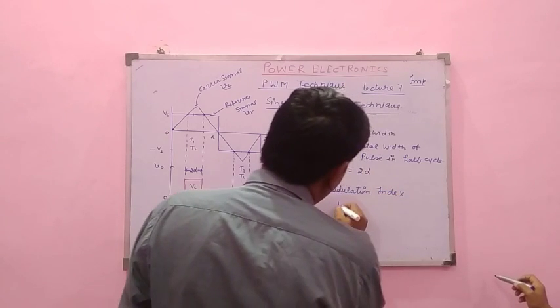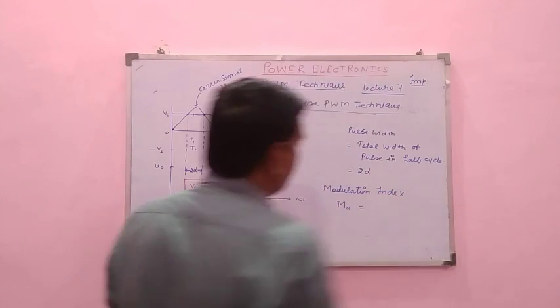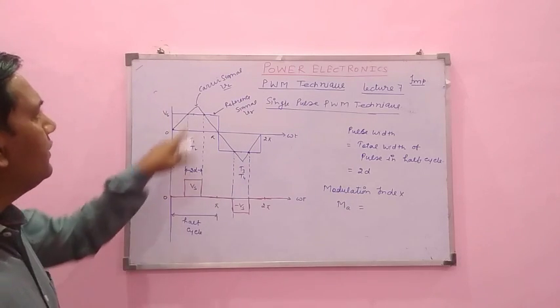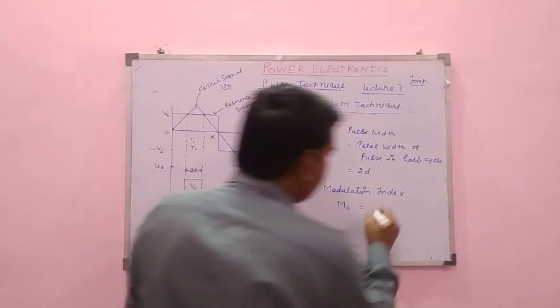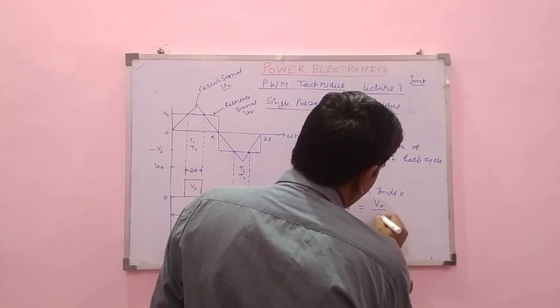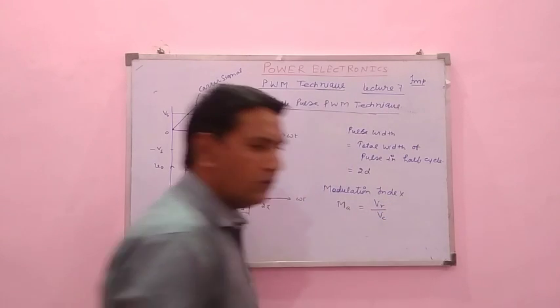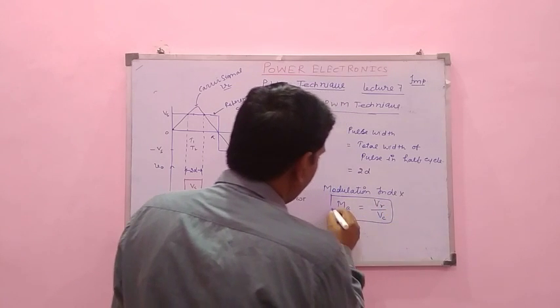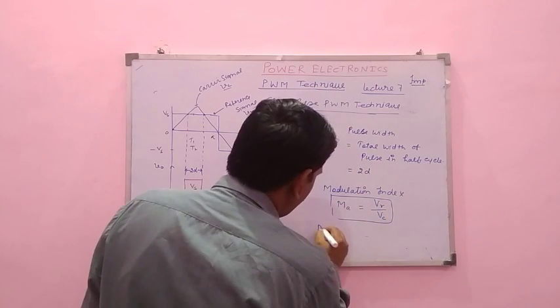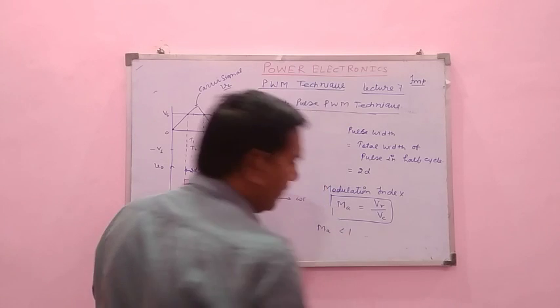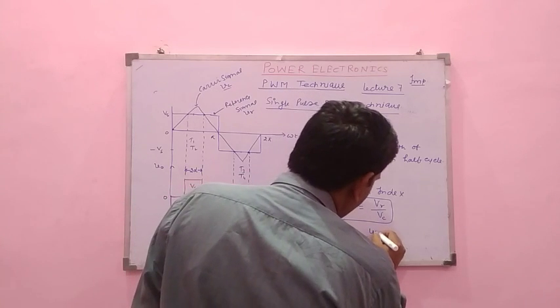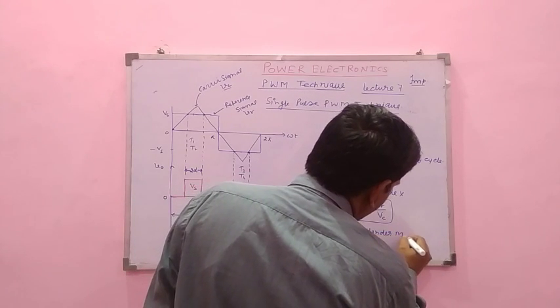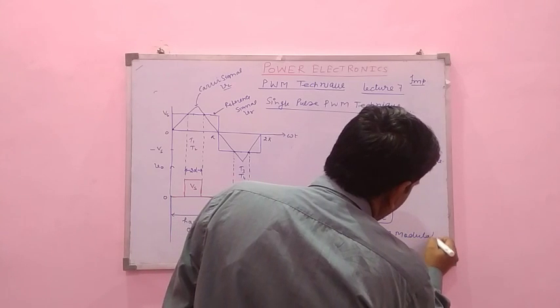Now here one term is modulation index. Modulation index MA is equal to the amplitude of reference signal VR divided by amplitude of carrier signal VC. If MA is less than 1, it is called under modulation.